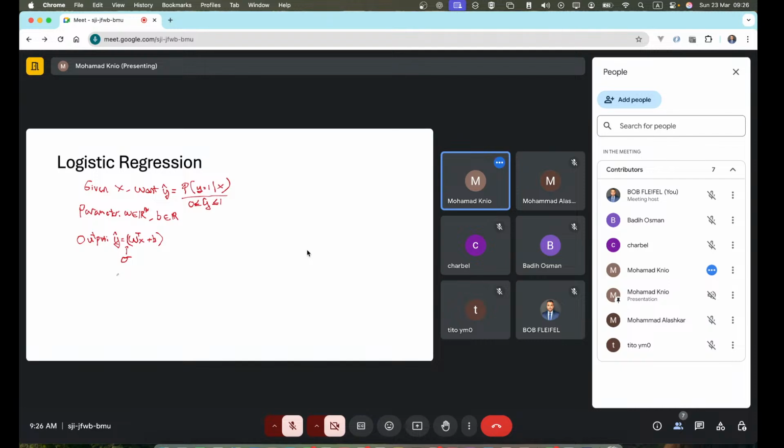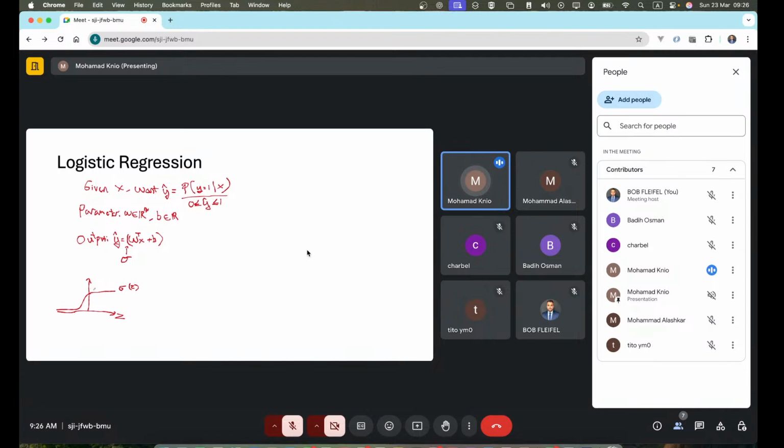To plot it, we put z on the horizontal axis, and the sigmoid would look something like this. And this is the sigmoid of z.